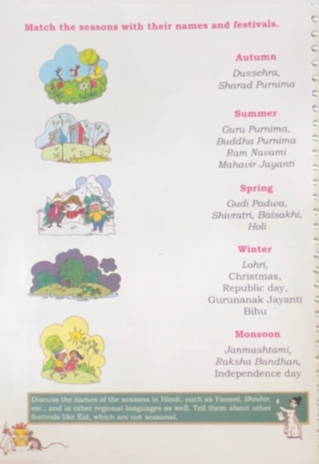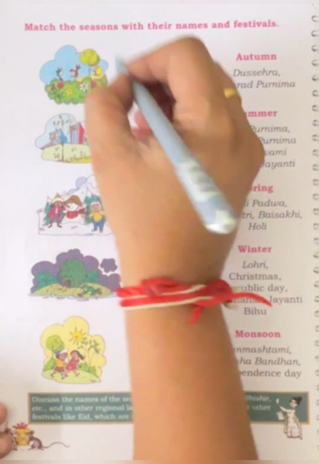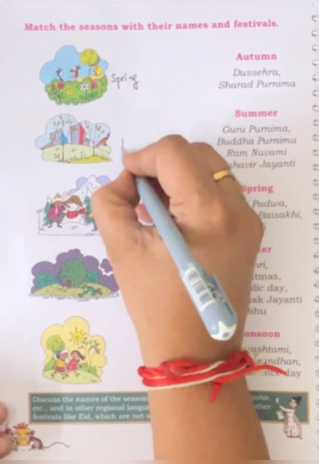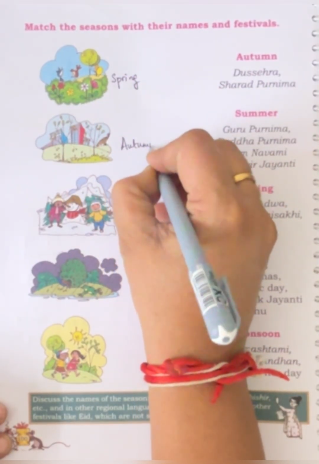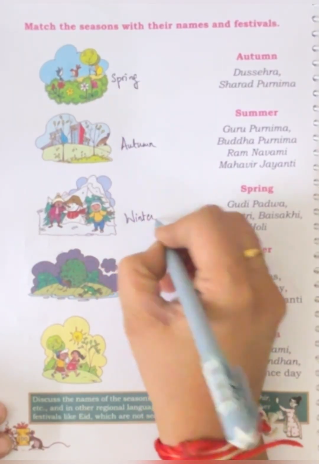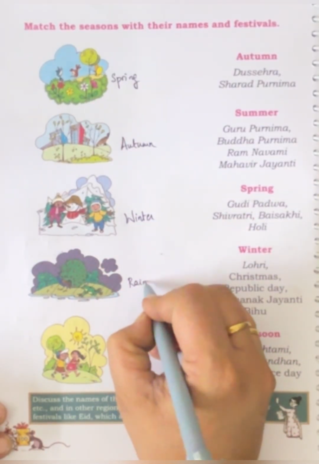Match the seasons with their names and festivals. Here they have given the seasons. We'll write down that. First, which season is this? It's spring. This is autumn. This is winter. This is rainy.